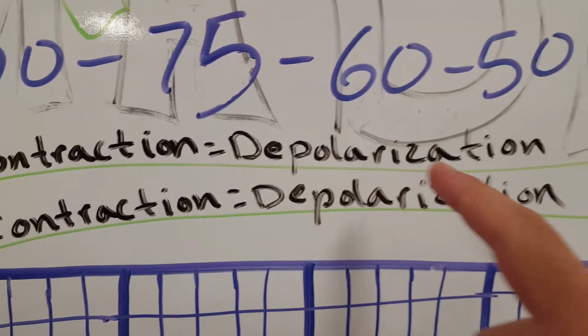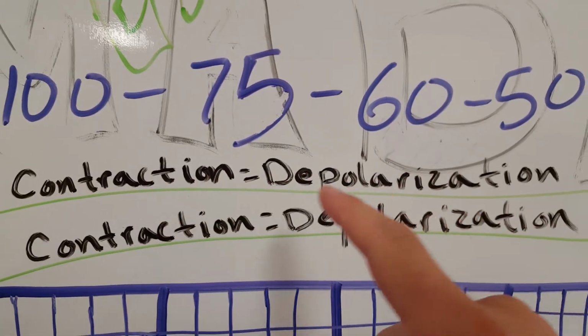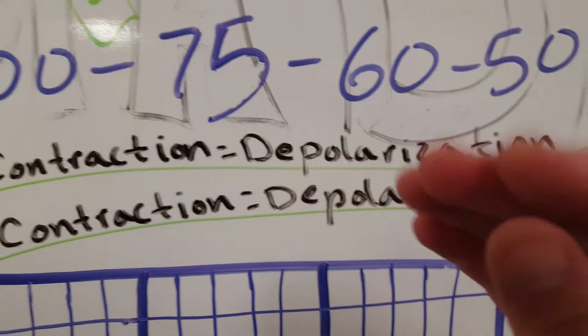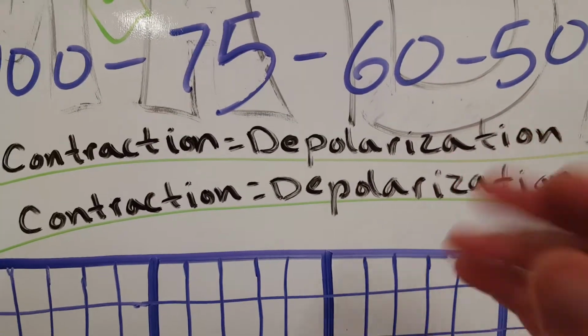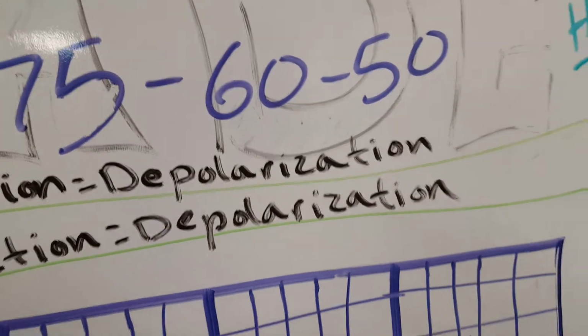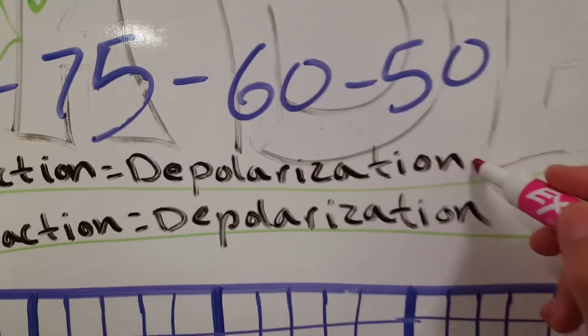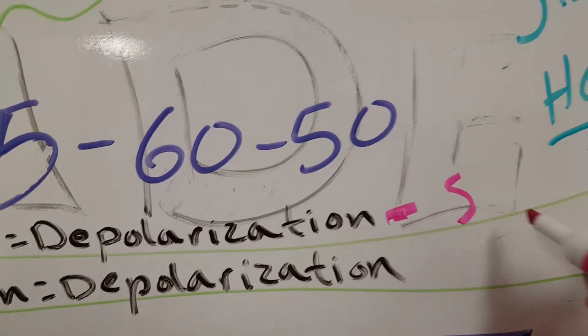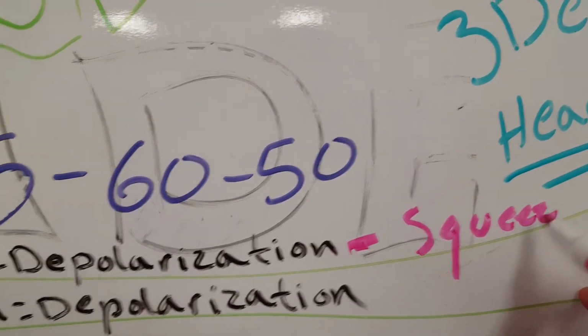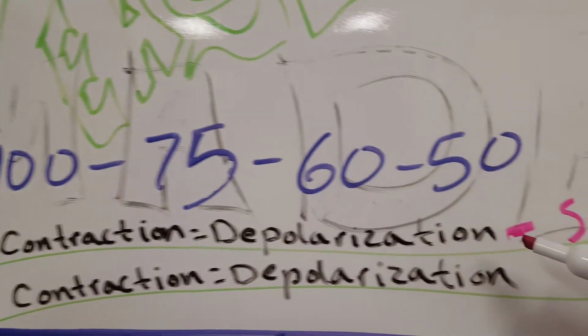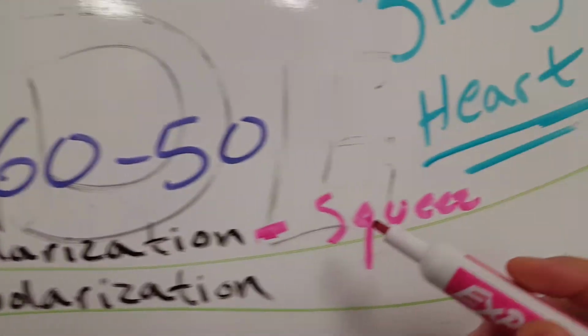Contraction and depolarization are the exact same thing. It's a fancier way of saying contraction or squeezing. So contraction, depolarization, squeezing, it's all the same thing. Let me write that right here. That might help some of you guys a little bit more. These all mean the same: contraction, depolarization, and squeeze.